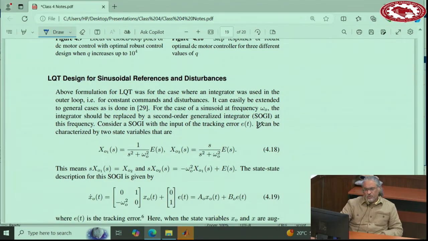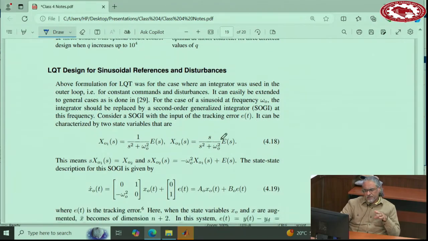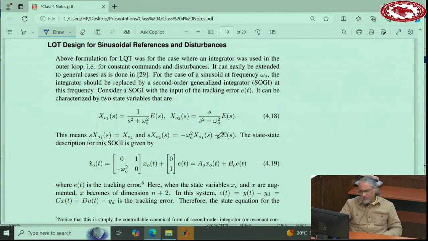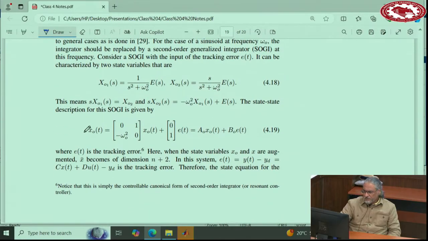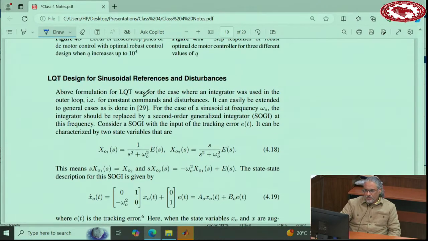If it's sinusoidal, let me explain. I think I have a few minutes, no problem. If it's sinusoidal, then rather than inserting an integrator in the control system, you need to insert what we call a second order generalized integrator. And that is this transfer function, this one and this one.